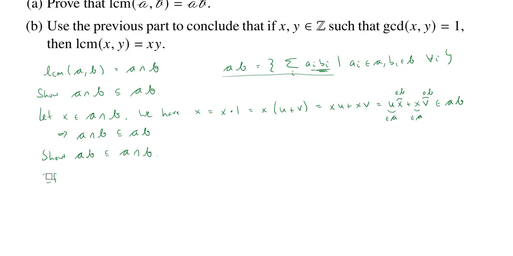All right, so let's start with that. So since A intersect B is an ideal, it is closed under addition.